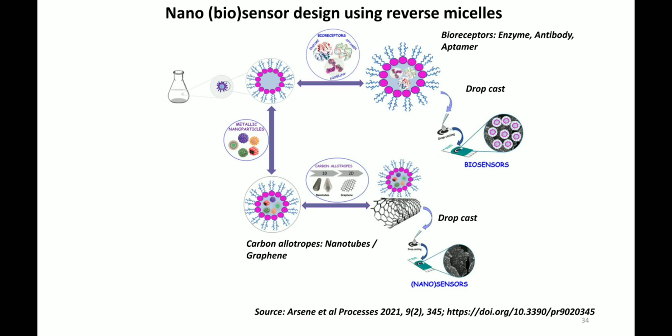When you make a drop cast and make a film, that film you can use as a biosensor. On the other hand, if you don't want to use a bioacceptor, you can use other carbon nanomaterials like carbon allotropes, such as carbon nanotubes and graphene. Such material you can also insert inside the micelle, and if you make a thin film out of it, you can use it as a nanosensor.